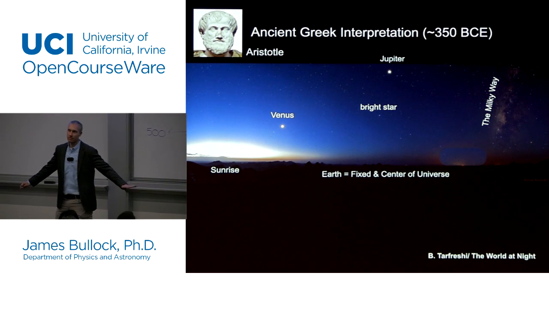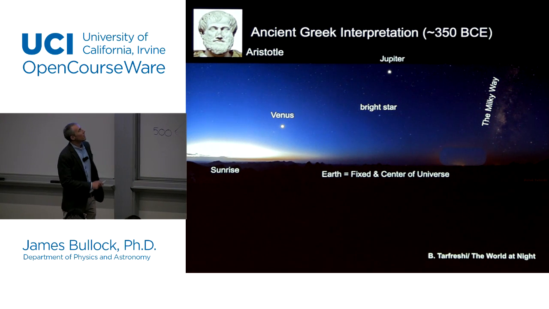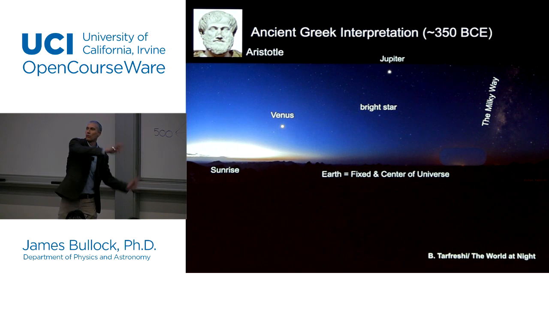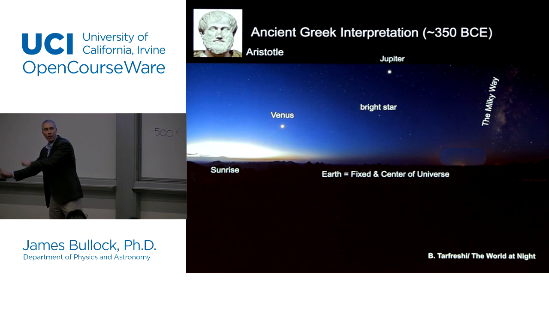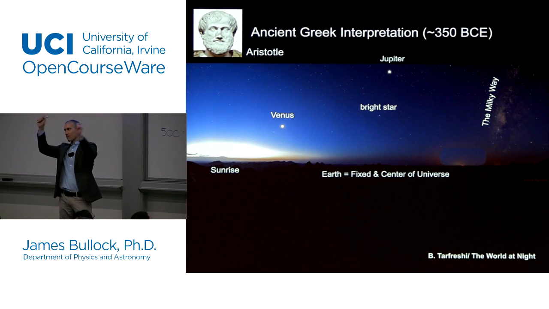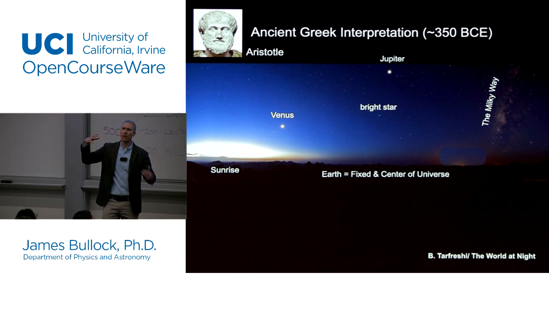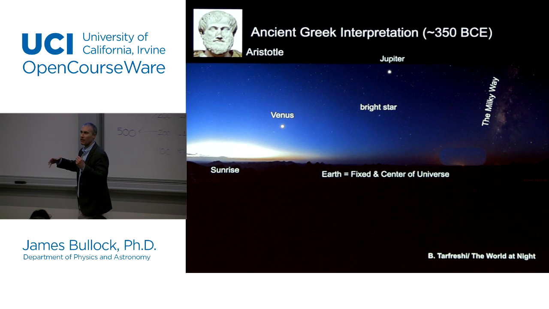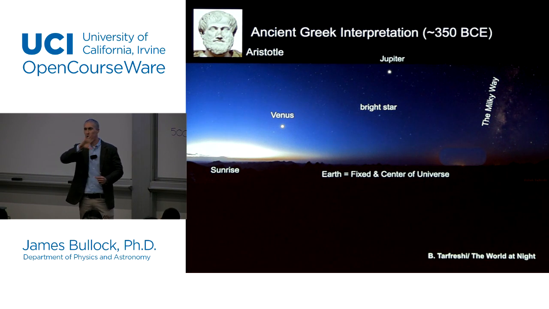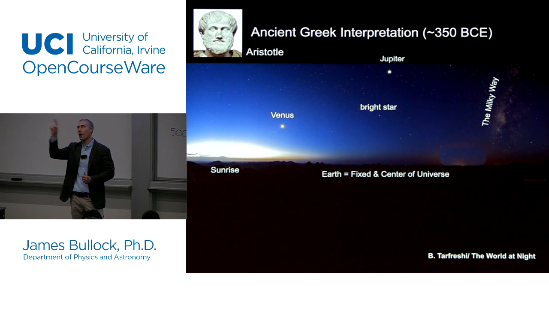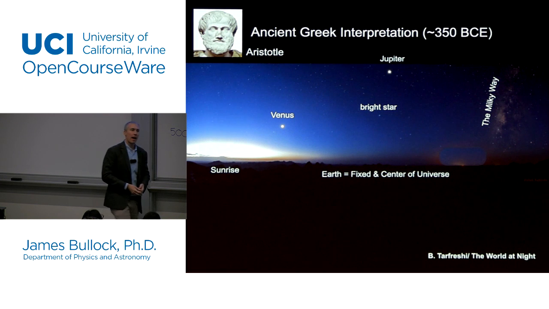It's not moving. And all of those stars are rotating around us every 24 hours. They're just circling around us. The planets are also circling around us, but they're circling at a different rate. They live on a different sphere, and they circle at a slightly different rate, and that's why they wander around with respect to the background stars.